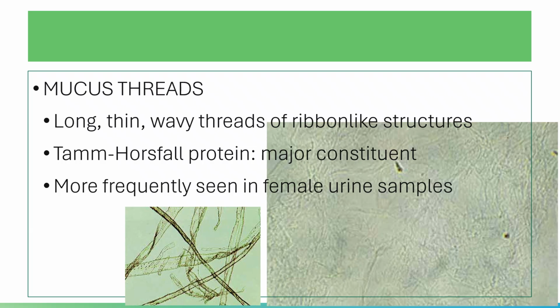They originate from the glands and epithelial cells in the genitourinary tract and renal tubular epithelial cells. They have no clinical significance.